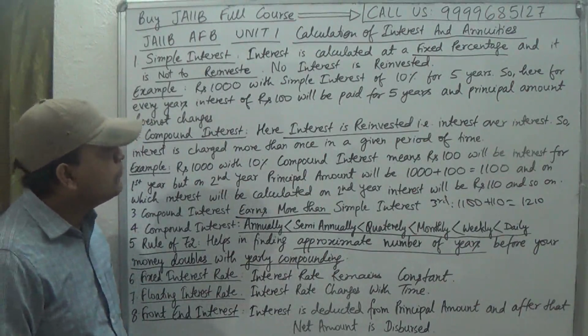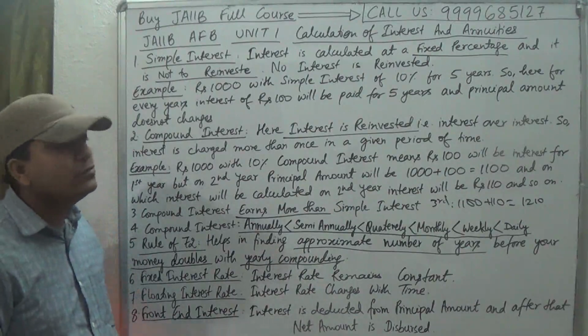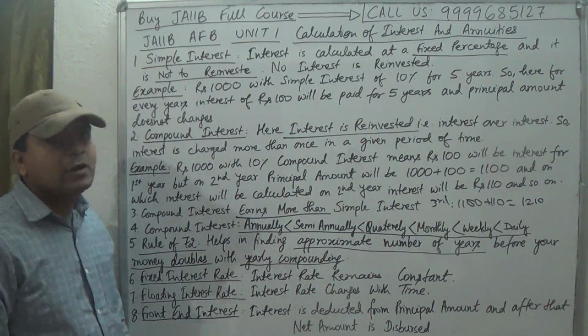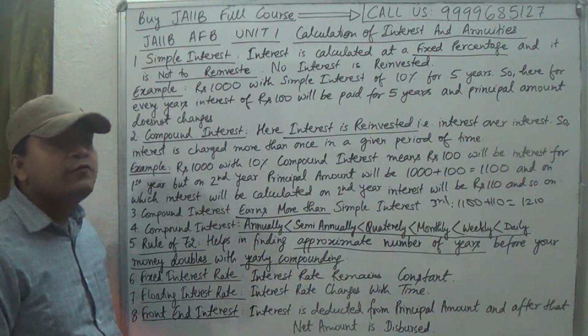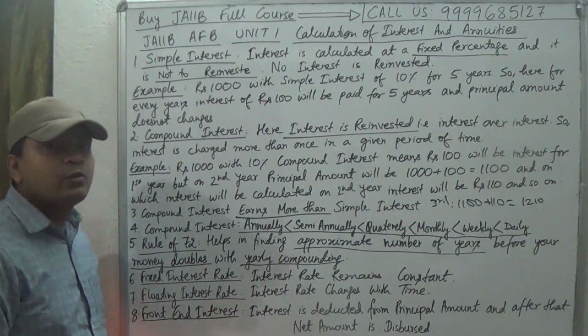For calculating compound interest, at least 2 periods are required, not 2 years but 2 periods. If anyone asks compound interest for 1 year and simple interest for 1 year, both are the same.